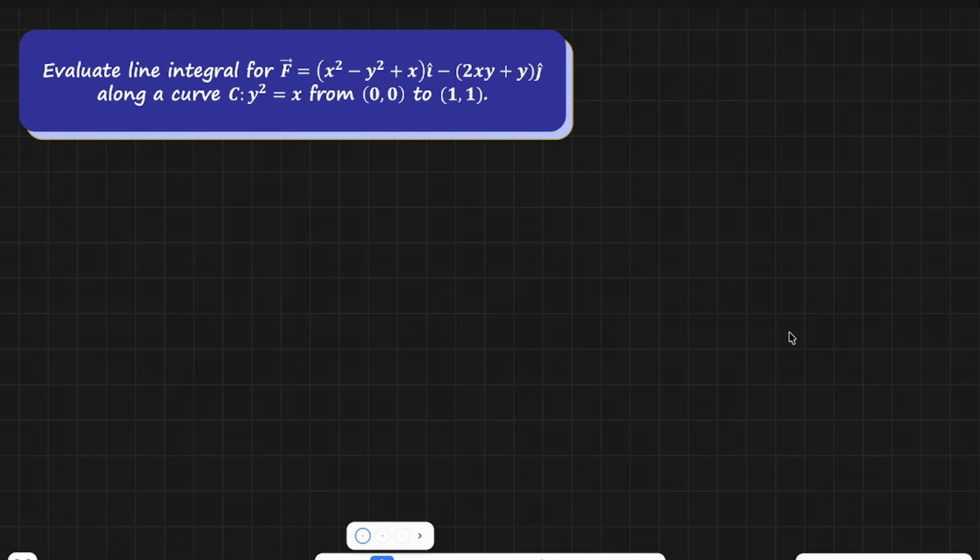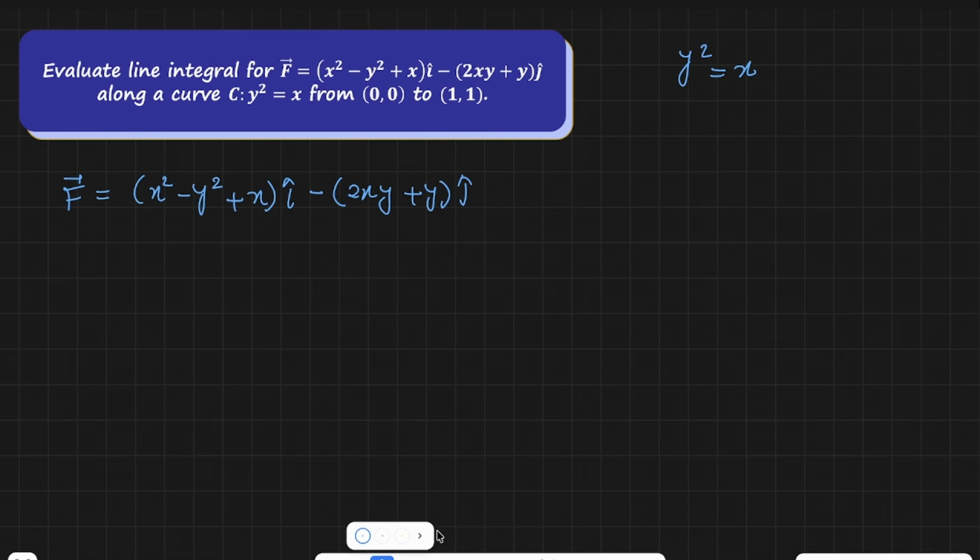Now come to this example, we'll explore it. Let's take the example where F is equal to x square minus y square plus x i cap, minus 2xy plus y j cap, and the curve is given, that is y square is equal to x.